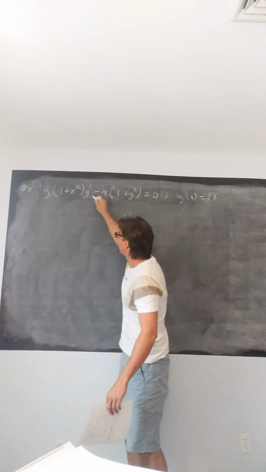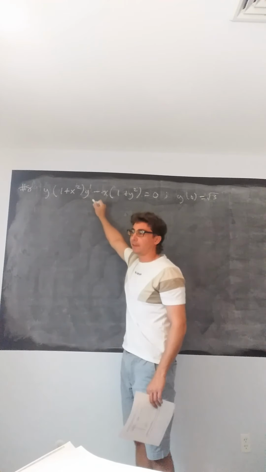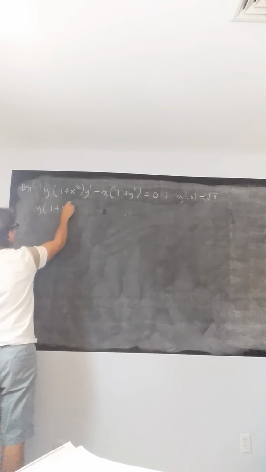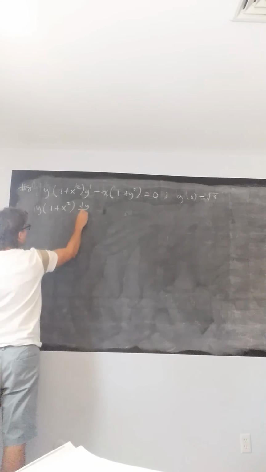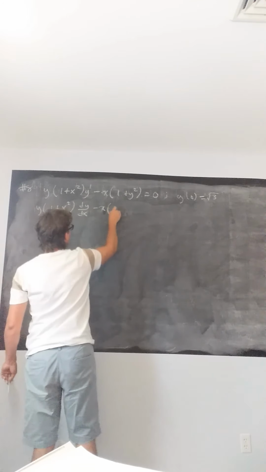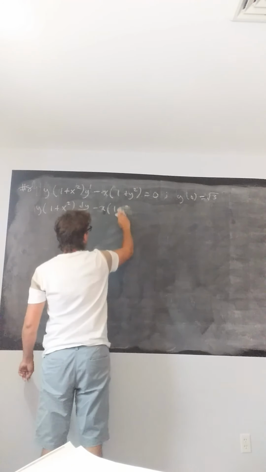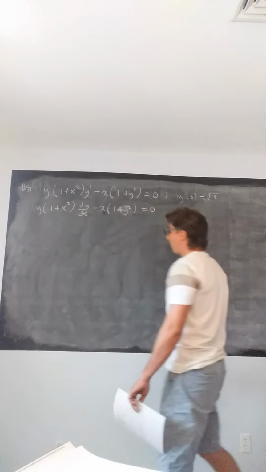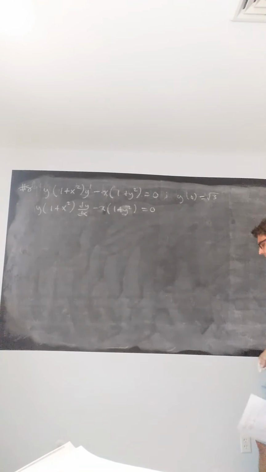First step is, let's get rid of the y prime and call that dy dx. So we replace the y prime with dy dx, which helps us a little bit. And what is our next step?